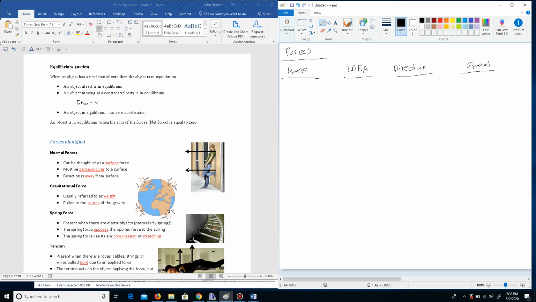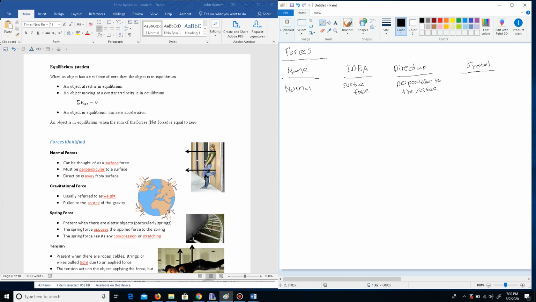Okay. So first force. The normal force. We can think of this as the surface force. It's only applied if you're sitting on something. The direction is always perpendicular to the surface. So we see here, if it's a wall you're leaning against, at her foot and at her back, you have a normal force.